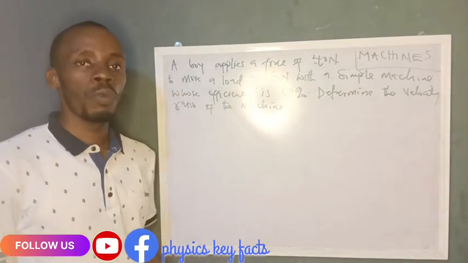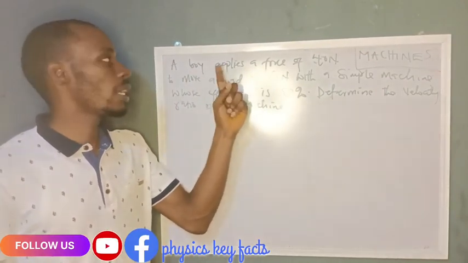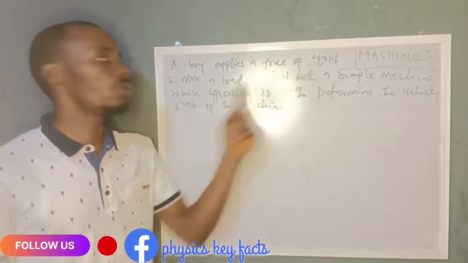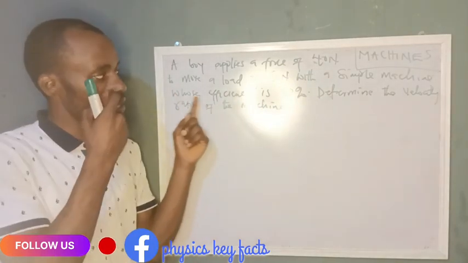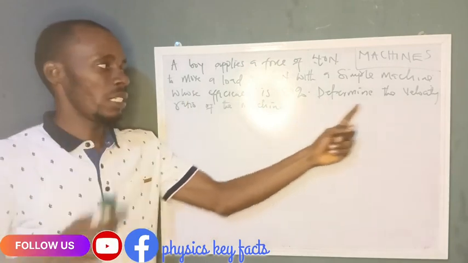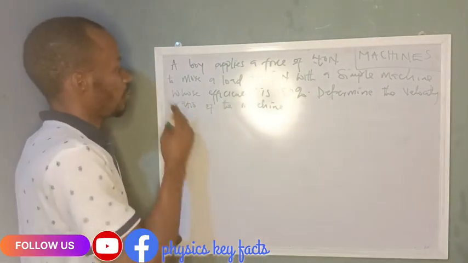So we have a very simple question on the board. The question says a boy applies a force of 40 Newton to move a load of 60 Newton with a simple machine whose efficiency is 80%. Determine the velocity ratio of the machine. So let's look at what we have.